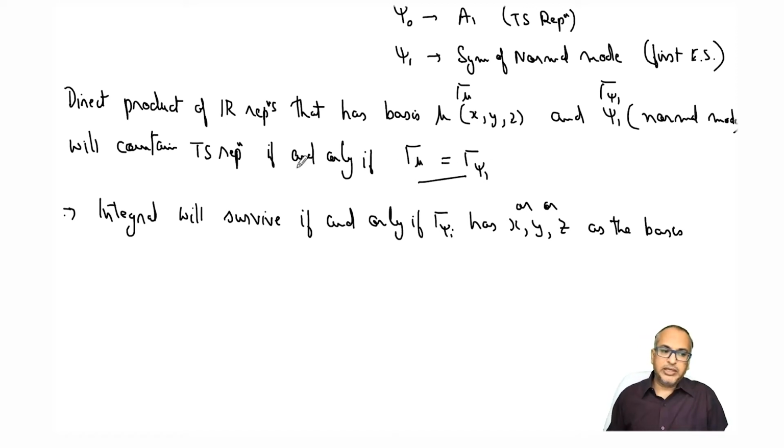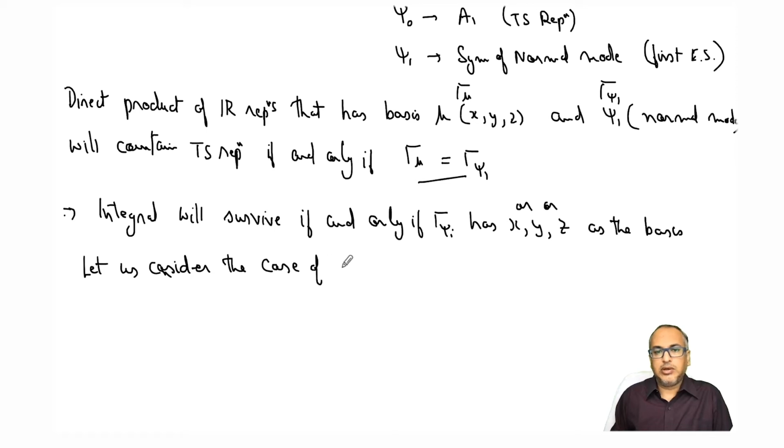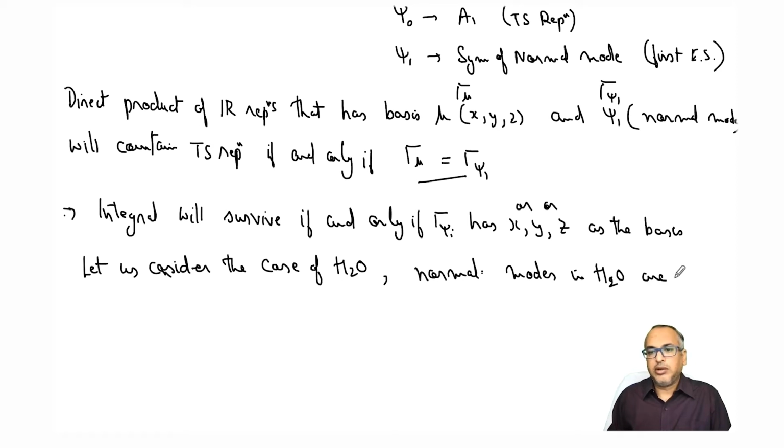Okay, so now let us see what happens in case of water. So let us consider the case of water. We have seen that the normal modes in water are 2a1 and b1.